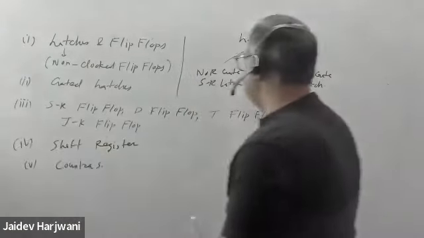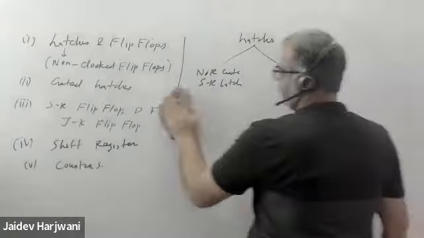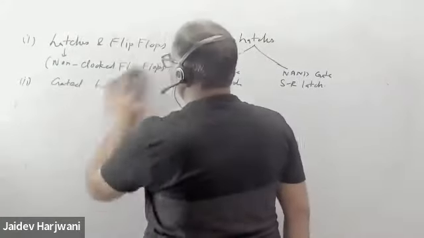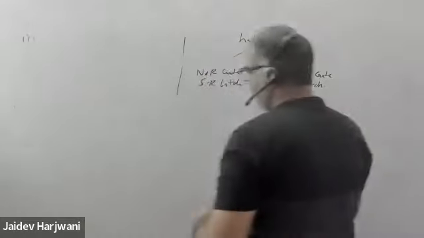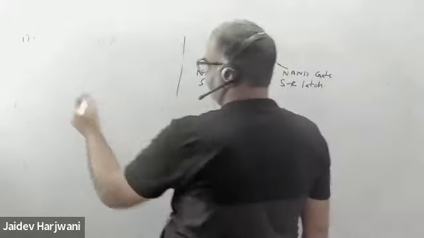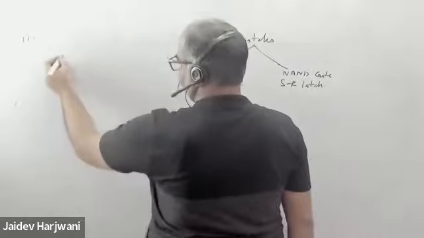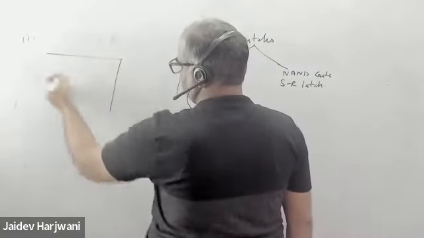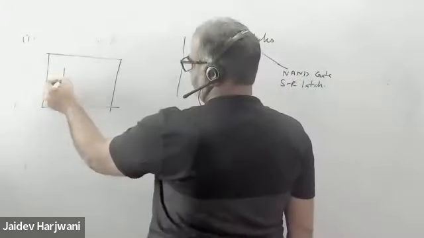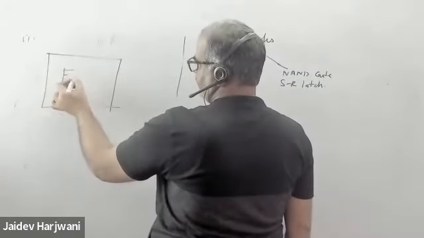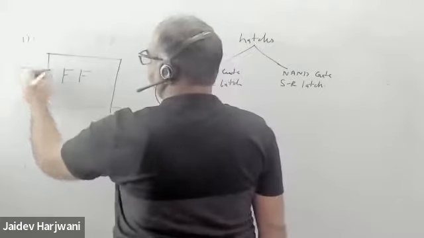Okay, so now let me first discuss what is basically latch or flip flop. Both are same. So let me discuss what is flip flop. You are applying some input to the flip flop.